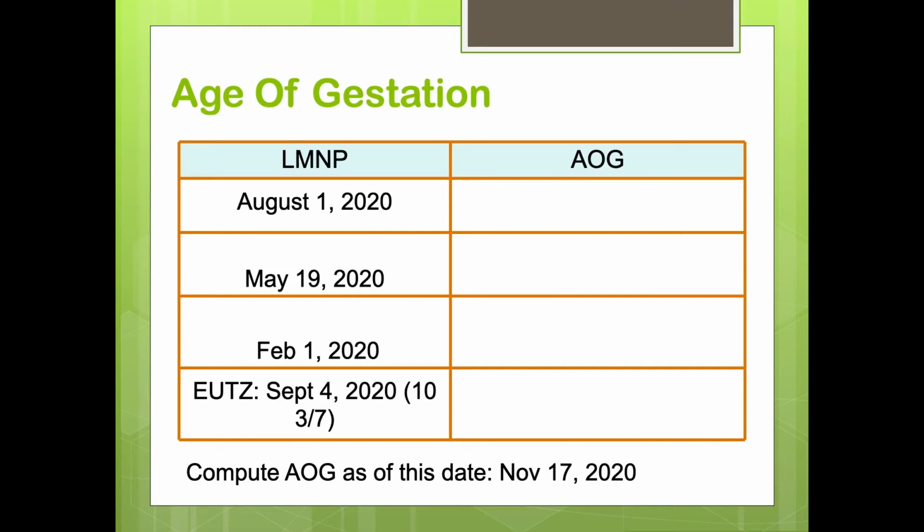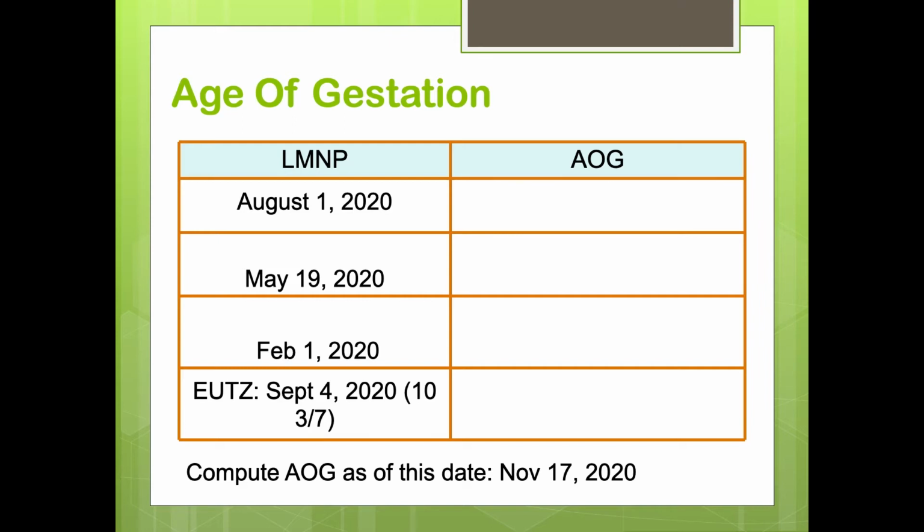Okay, same thing for February 1, 2020. The difference is just that 2020 is a leap year. So that is 29 minus 1 for February. And then add the remaining days of the succeeding months until you reach November 17. That would be 41 weeks and 3 days.